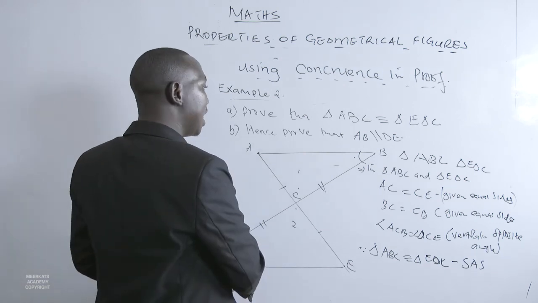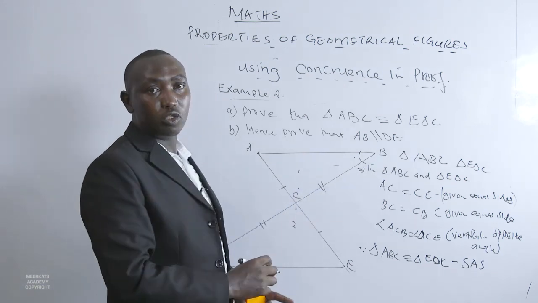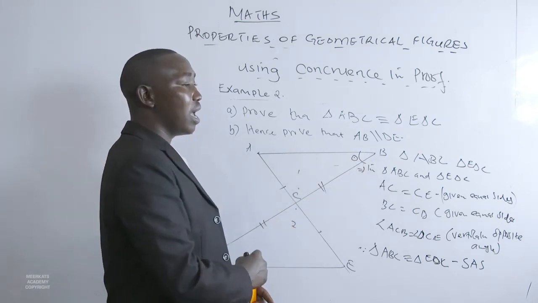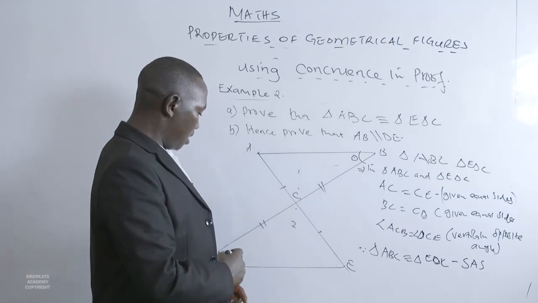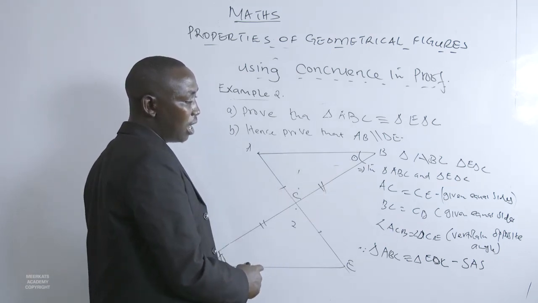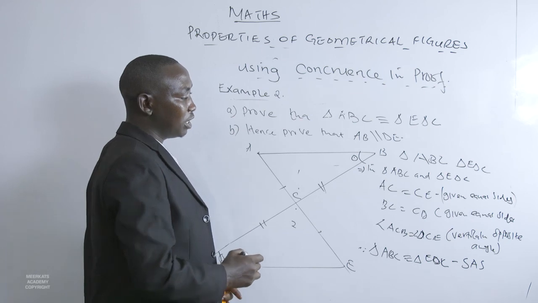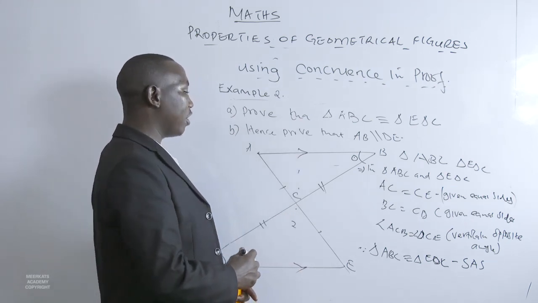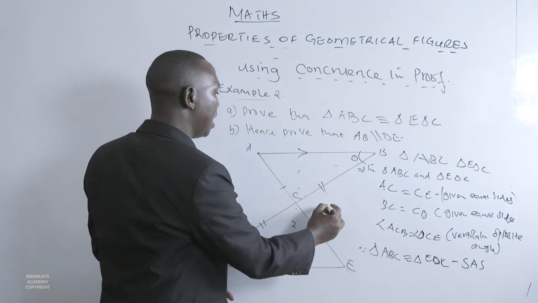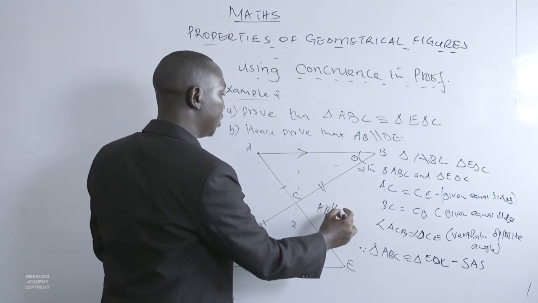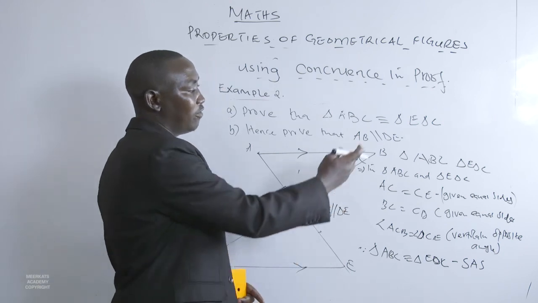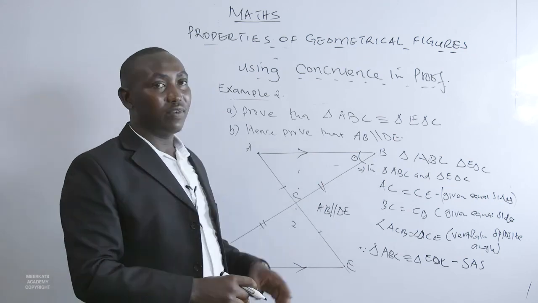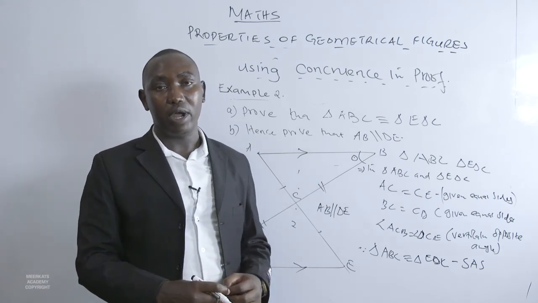You can see that BD is a transversal: if this angle and this angle are equal, then BD must have cut across parallel lines. Therefore, you can conclude that AB is parallel to DE by virtue of DB being the transversal of the two parallel lines.